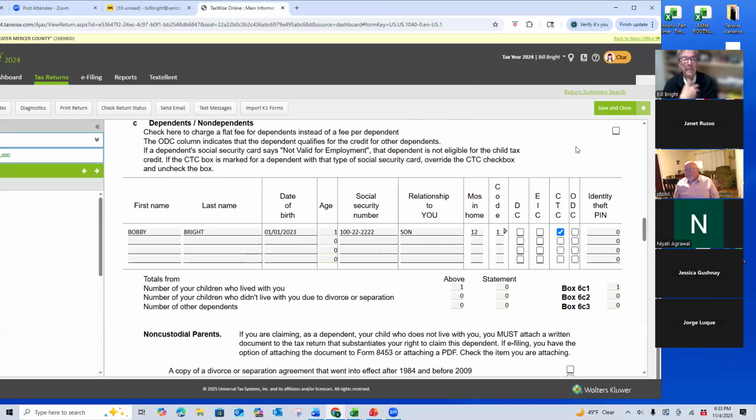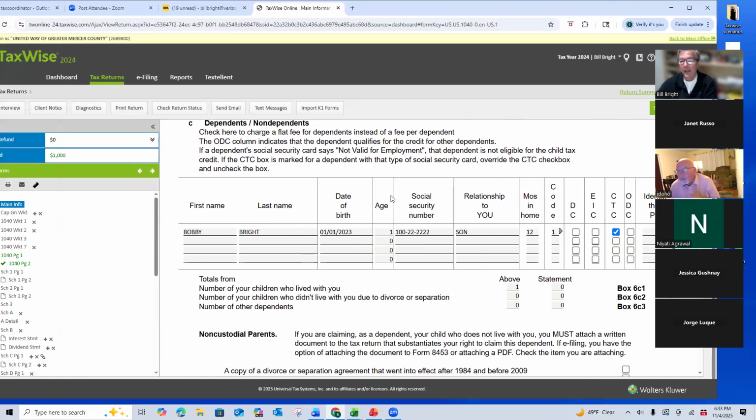So right away, once I get some income in, it's going to be asking me some due diligence questions for whether or not I qualify for the child tax credit. So you kind of just go down through here and add all those in as you're adding more children.